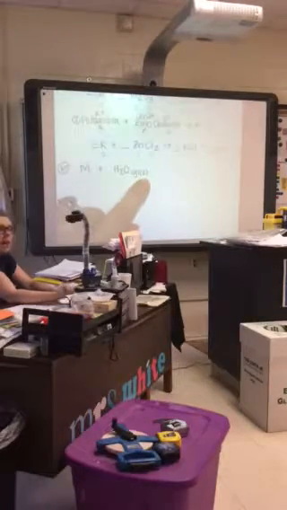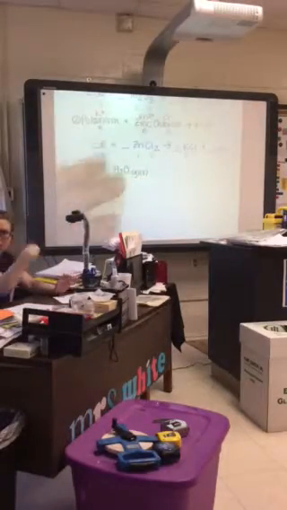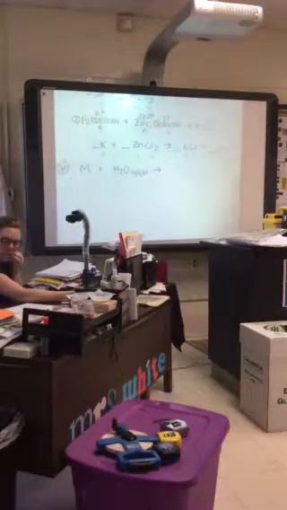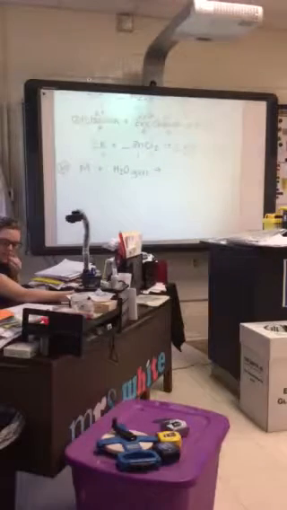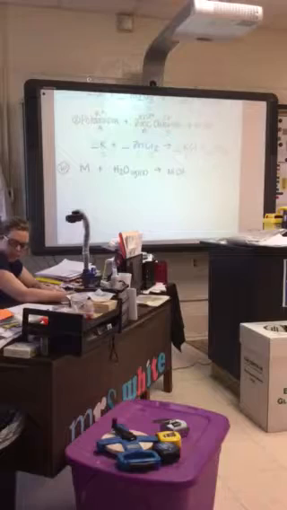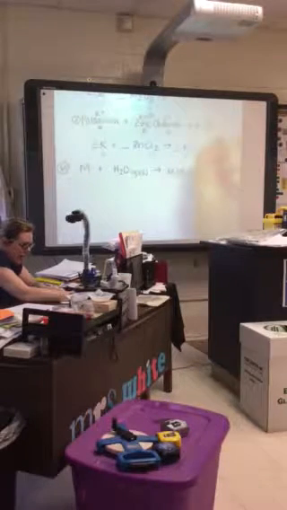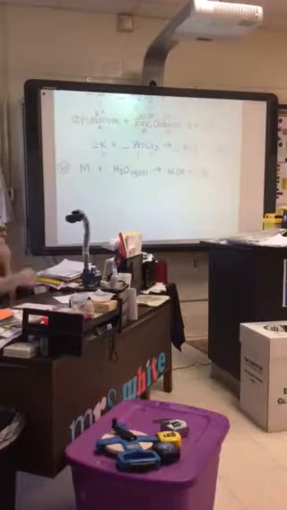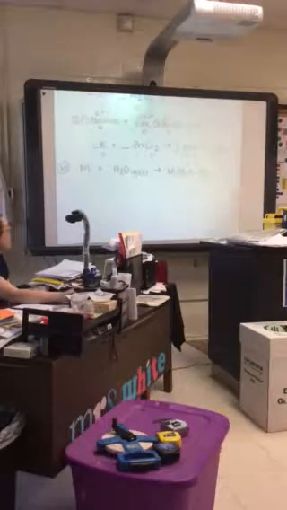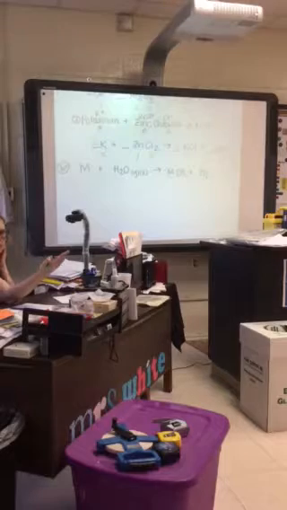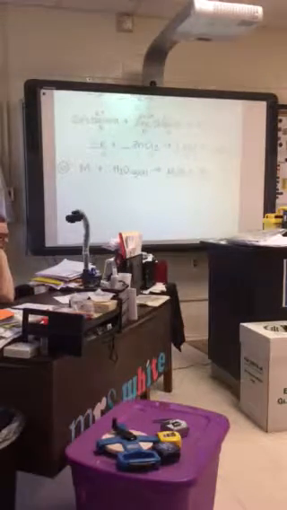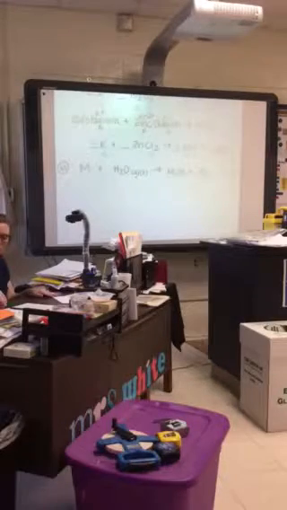You need to know that because you've got to know which part of the activity series we're looking at. Alright, and it breaks down to give us metal hydroxide plus H2. So this is the part we're going to have to form. H2 is just going to always be a second product that is attached. Alright?